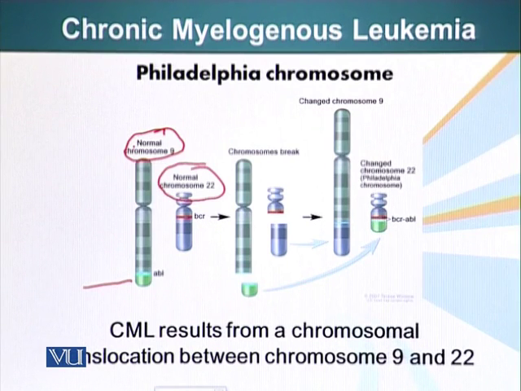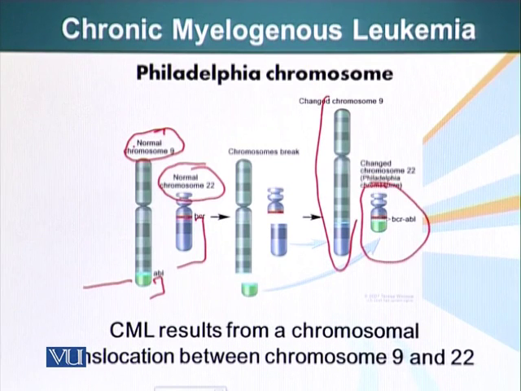When there is translocation, a portion of this chromosome breaks and exchanges with a portion of chromosome 22. The end result is a changed chromosome 9 and a changed chromosome 22. This changed chromosome 22 is also called the Philadelphia chromosome.